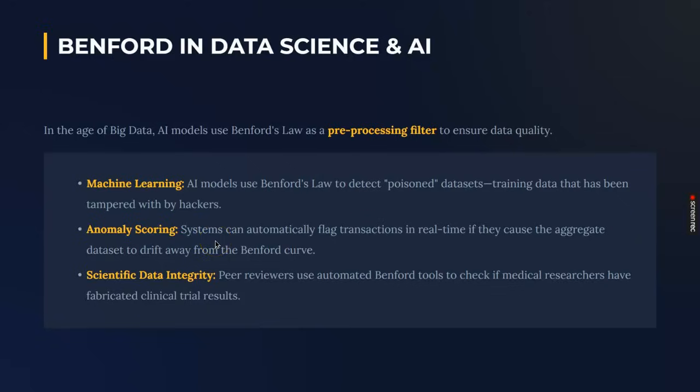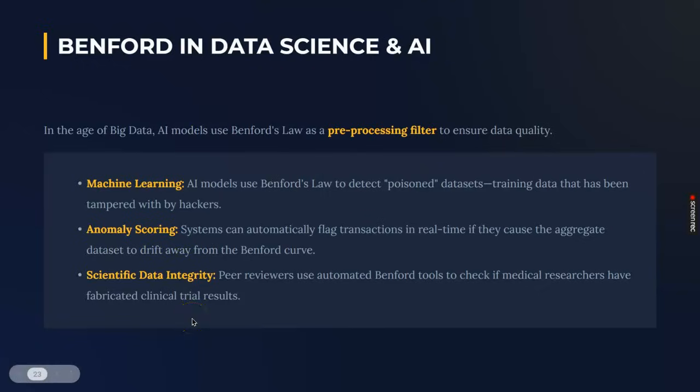So if someone's spending money on your card, or if it's your earnings and you're skimming a bit off your taxes, not paying your taxes correctly, and you're putting an anomalous amount into your savings account or your current account, then they'll be able to detect it through anomaly scoring.